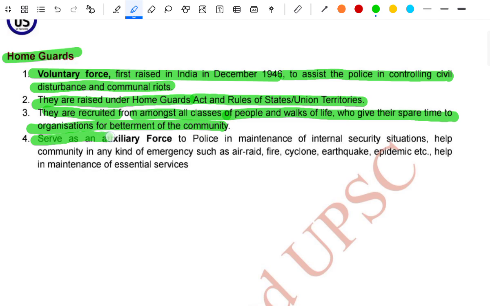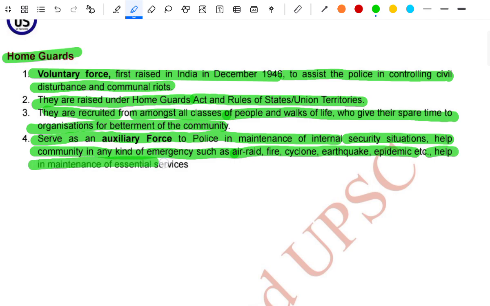They serve as an auxiliary force to the police, maintain internal security, and help the community in any kind of emergency such as air raid, fire, cyclone, earthquake, epidemic, and help in the maintenance of essential services. Home Guards.